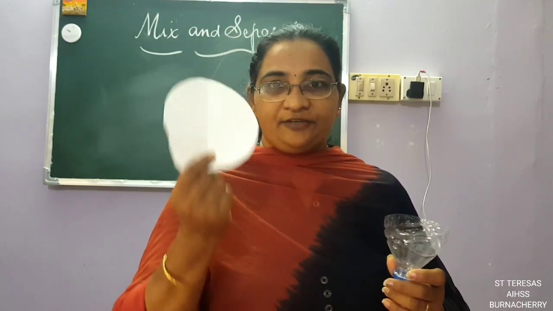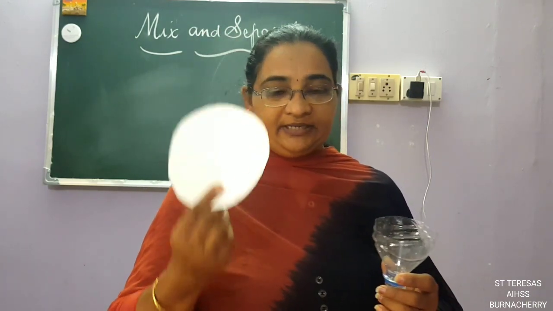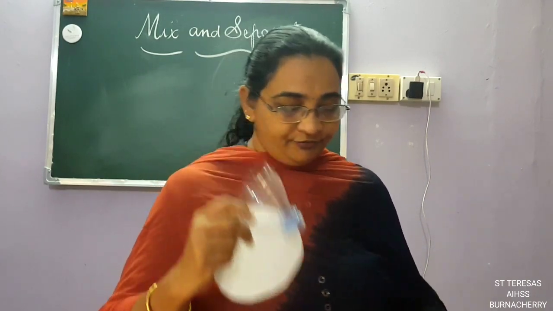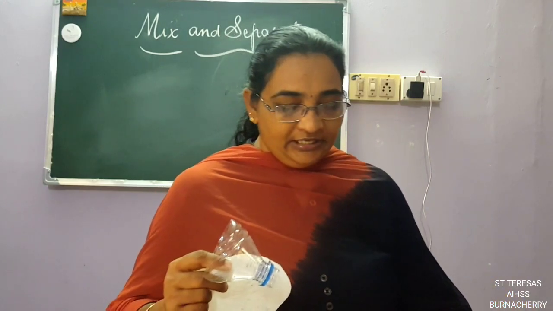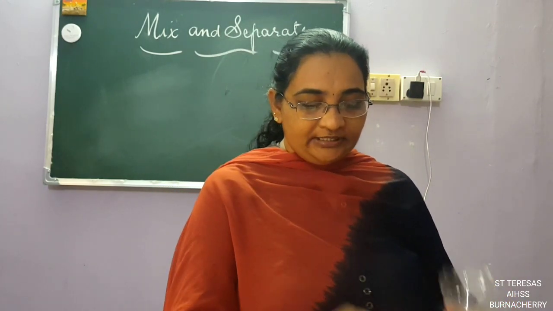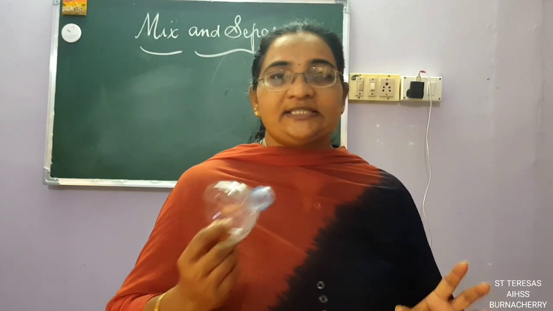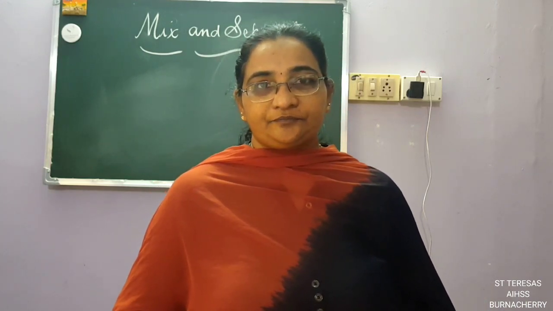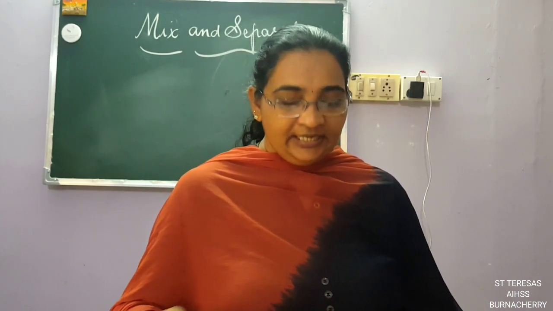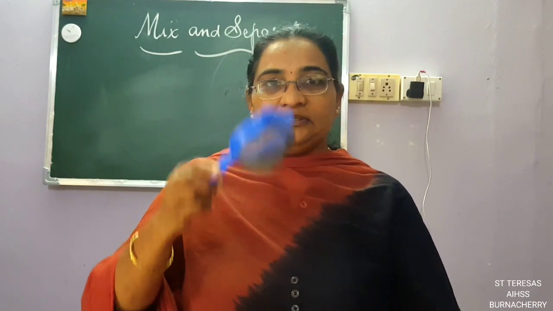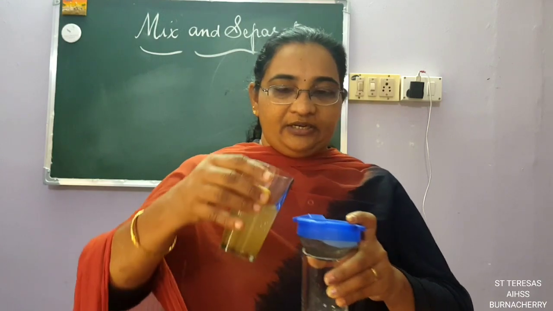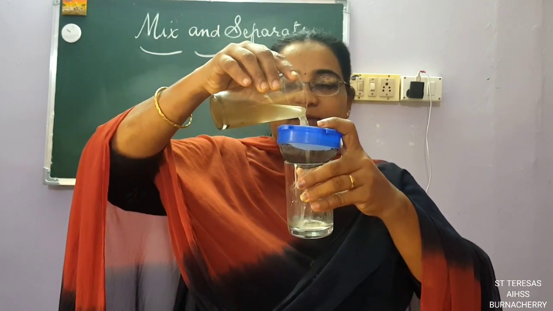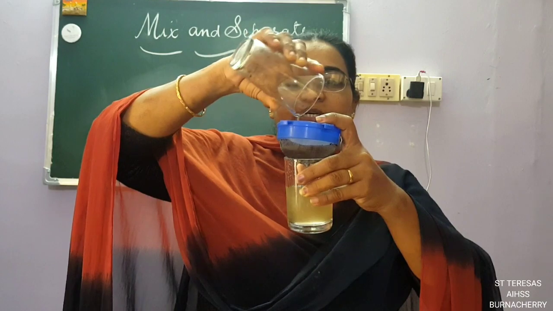We will get this from any shop. So I have a funnel, a tea strainer, and a sieve with me. To make this water clear, which of these things can I use? So you will say we can use a tea strainer, isn't it? Yes. Okay. We will try with the tea strainer. So I am taking this and pouring this water through a tea strainer.